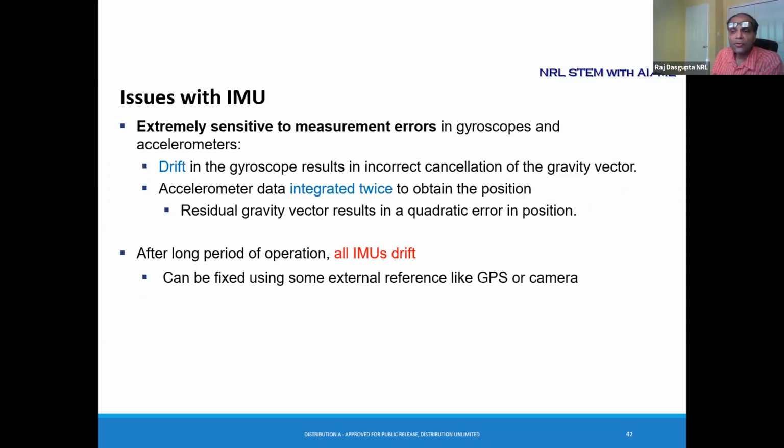Now, before we move on from IMU, there is one issue that you need to keep in mind, which is that IMUs are very sensitive to errors. In fact, if you use the gyroscope on the MPU 6050 to find the heading, you will see that even a little movement of the robot causes the headings to fluctuate a lot.